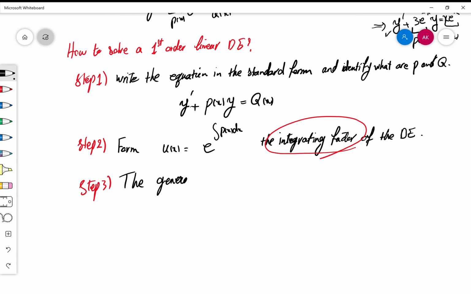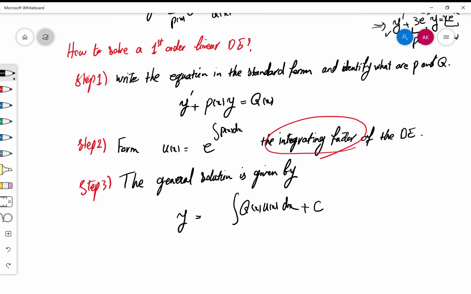And then in the next step, you use it. The general solution is given by, to define the integrating factor we use p. Now you multiply the integrating factor u(x) by q, integrate it, and when you find the antiderivative of q(x) times u(x), you don't forget the plus c.